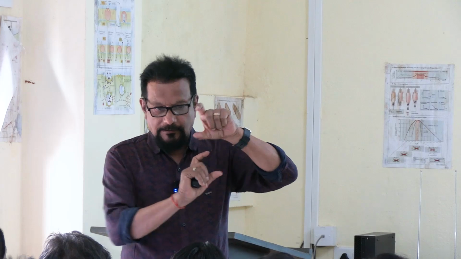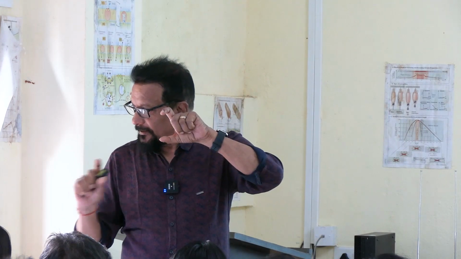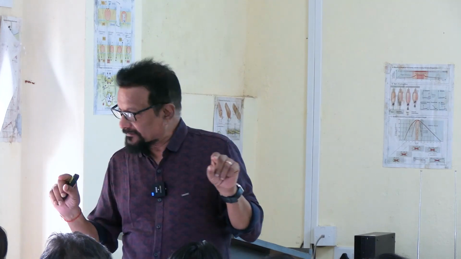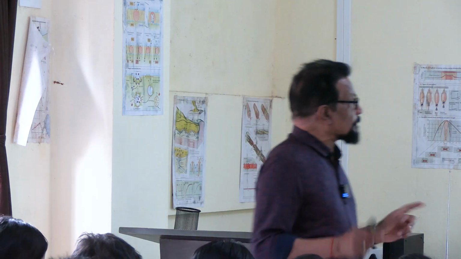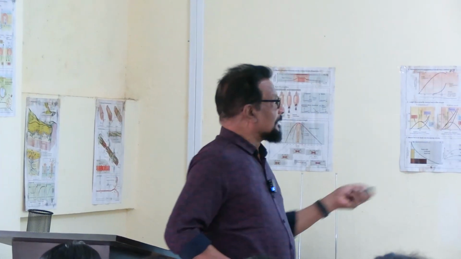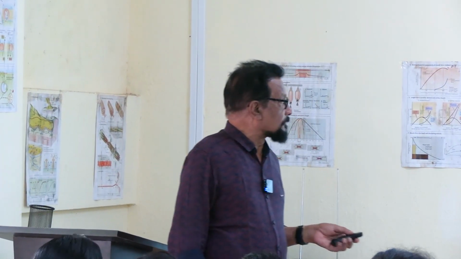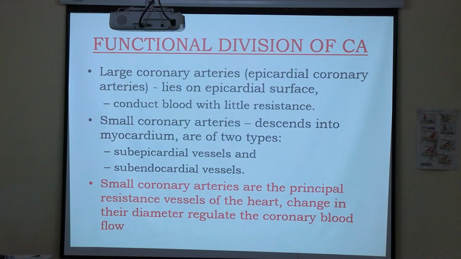Between the longitudinal layer and the circular layer there is one plexus, the myenteric plexus, and there is another plexus in the innermost layer. We have discussed this in earlier classes. So plexuses may be of two types: the neural plexus and this type, the subendocardial arterial plexus.